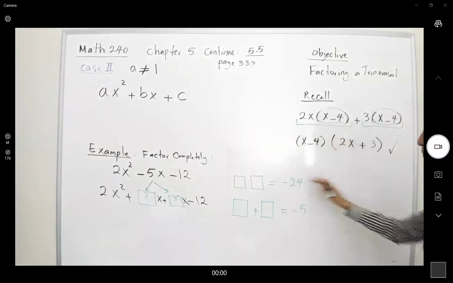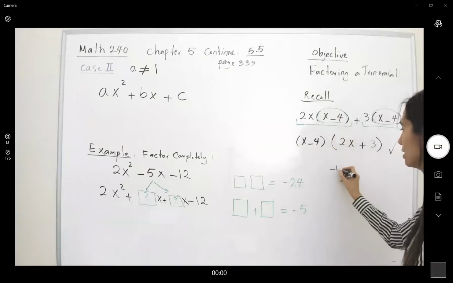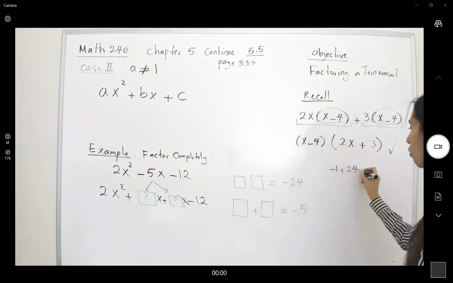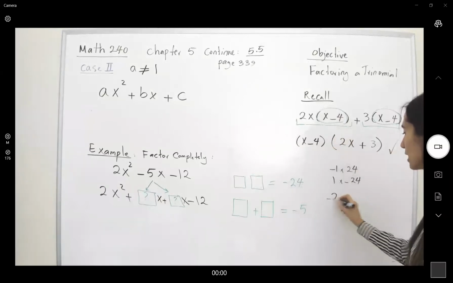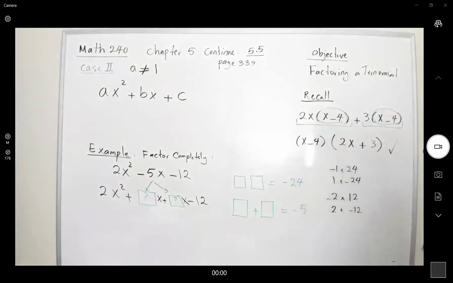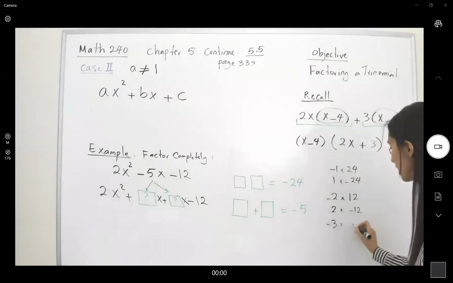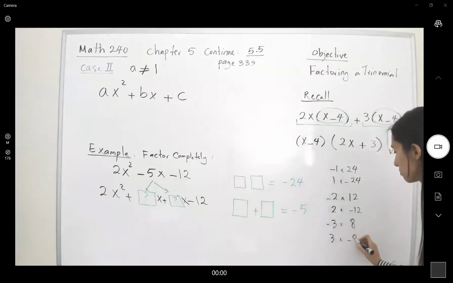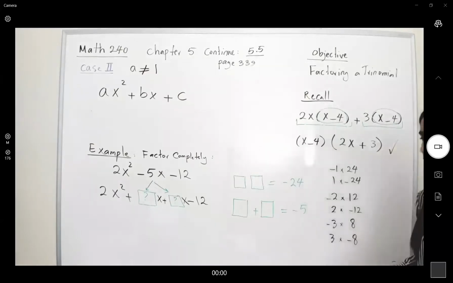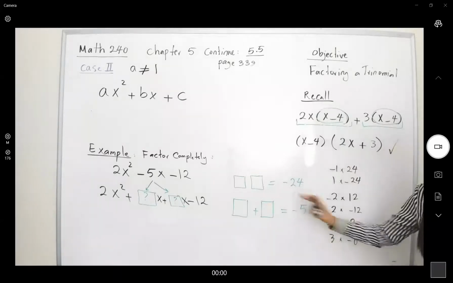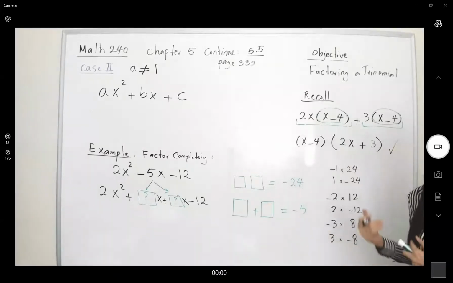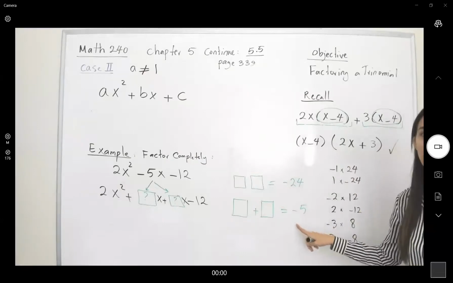Let's try our best. Here you have negative 1 times 24, or 1 times negative 24. You also have negative 2 times 12, or 2 times negative 12, or you have 3 times 8, negative 3 times 8, 3 times negative 8. My suggestion is, when you write the factorizations of negative 24, try adding those to see if you get to negative 5 faster.